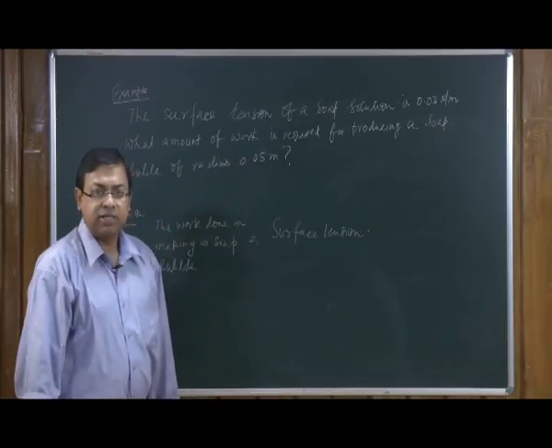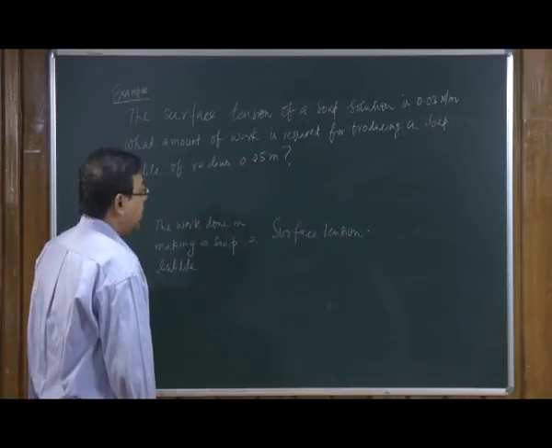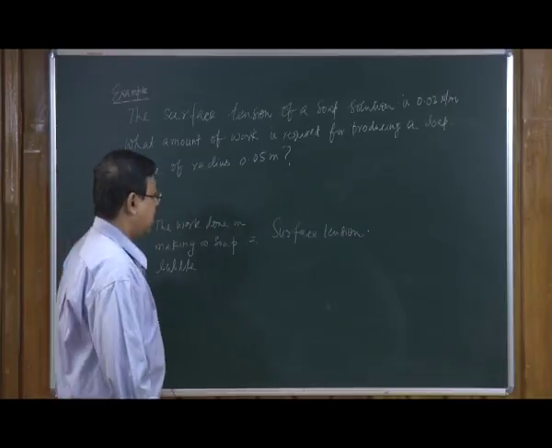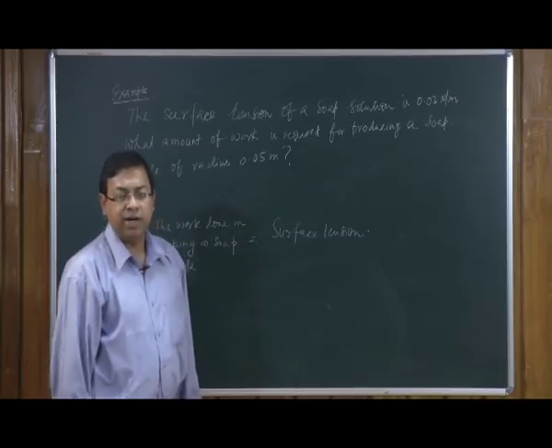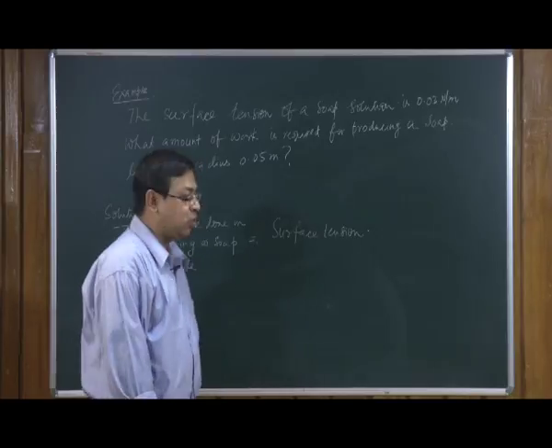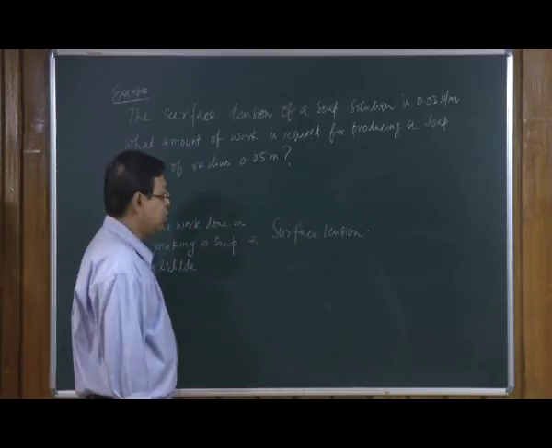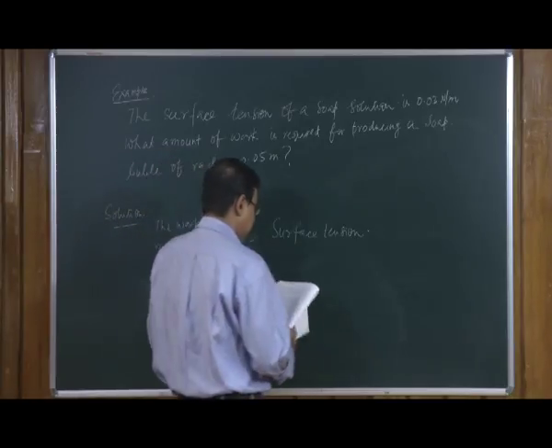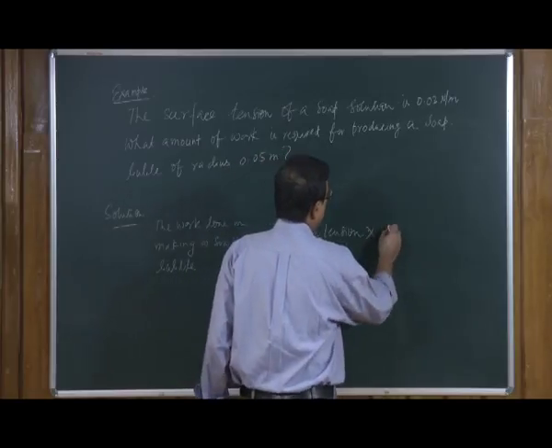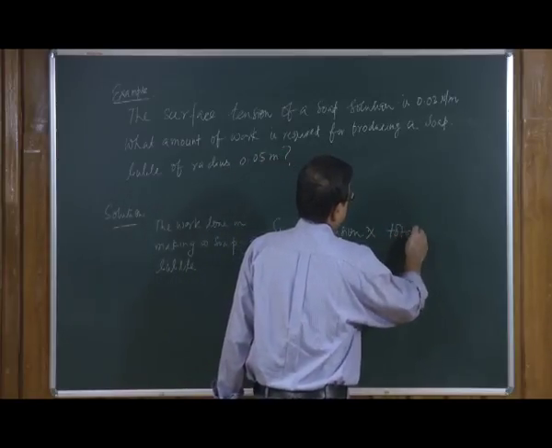This we have discussed earlier, that the surface tension is also defined as work per unit area, or joule per meter square. It has a unit of joule per meter square. So, there is surface tension into the total surface area.